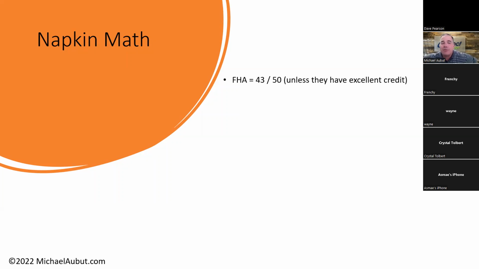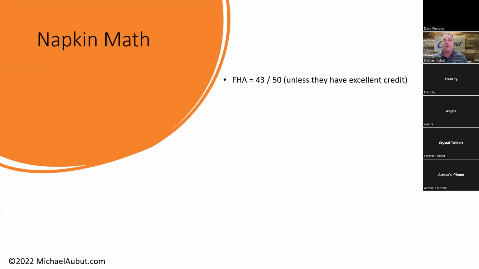Okay. So the front ratio, in this case, 43, is your income and the housing payment. It's that housing payment as a percentage of your income. So in the case of an FHA loan, and these are DU numbers, not loan guidelines for manual underwrite, because all we do is DU these days.